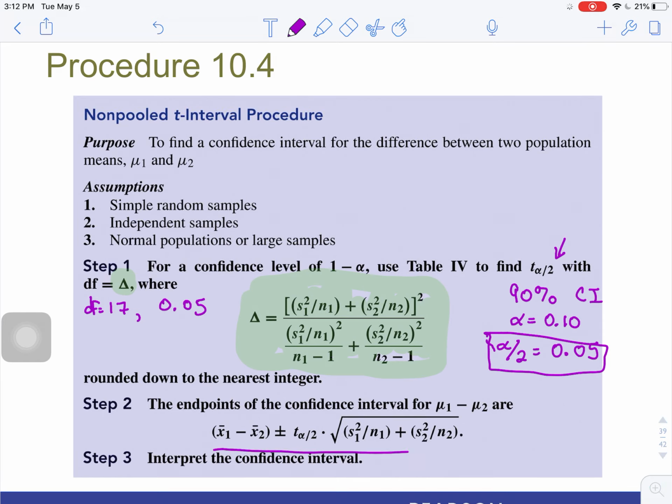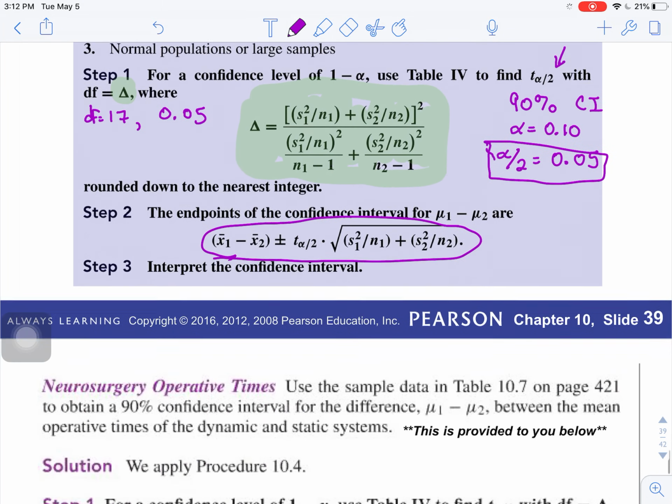That's going to make a difference. We have our formula right here to show us how to get our confidence interval to see how much faster the dynamic time is over the static time.